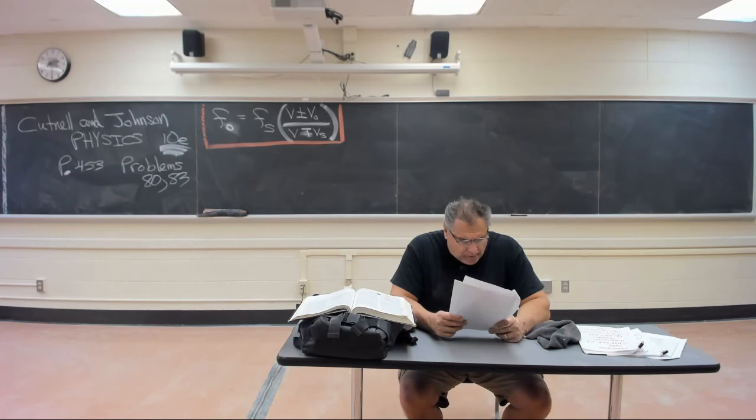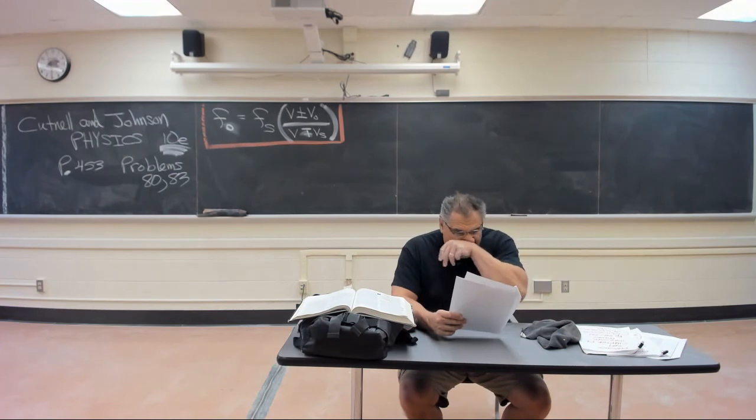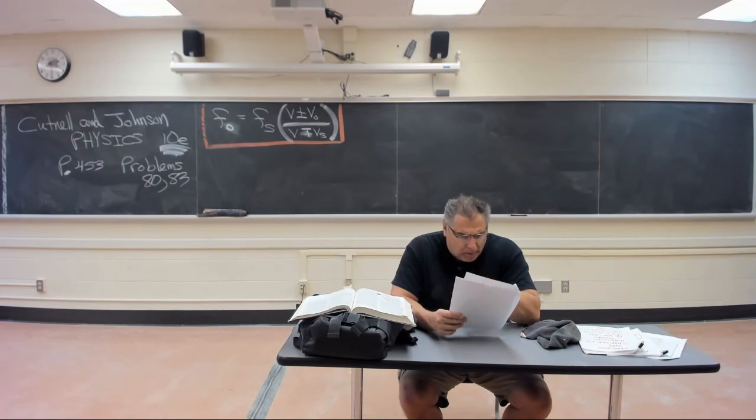As you drive toward this parked car, pass it, and drive away, you observe the frequency to change by 95 hertz. At what speed are you driving? So as you're driving toward this parked car, that means the source ain't moving. V sub s, the speed of the source, is 0.